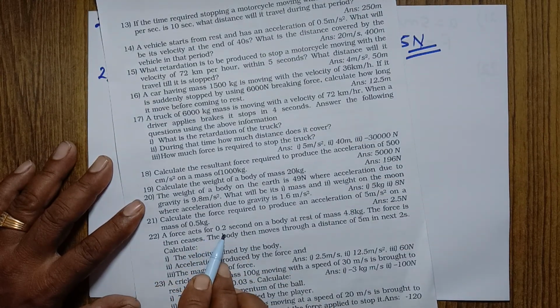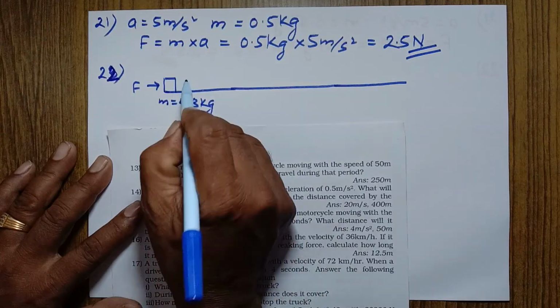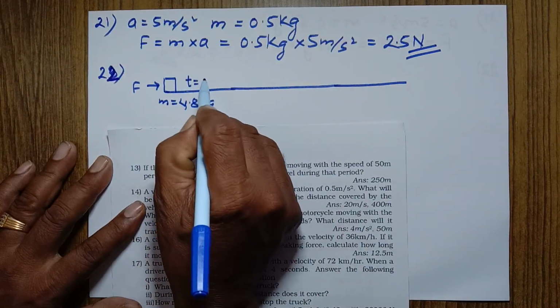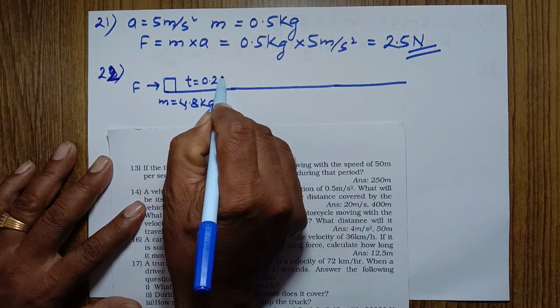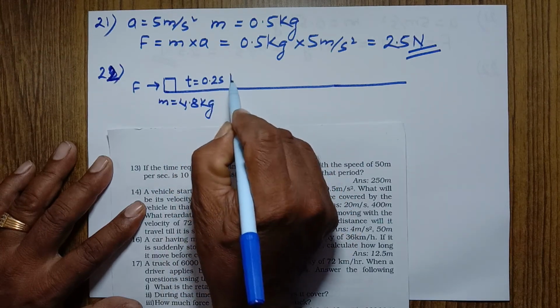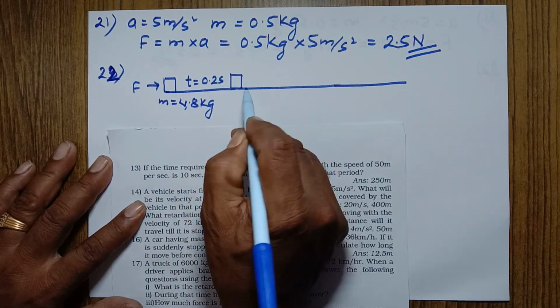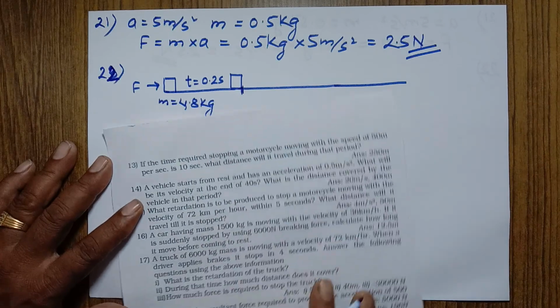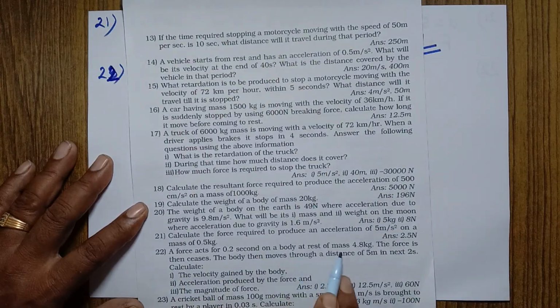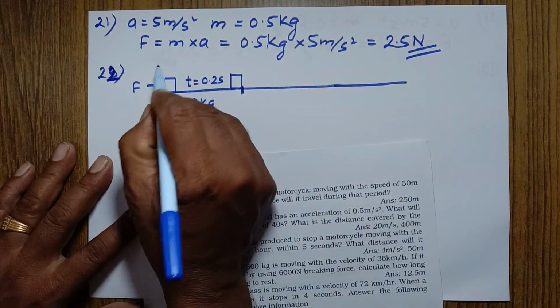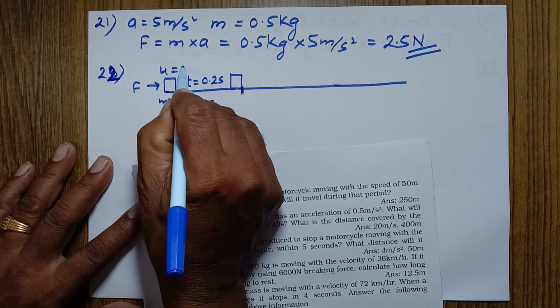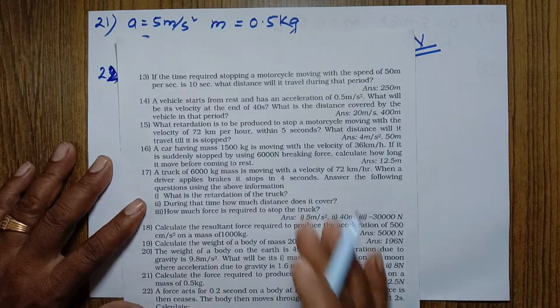The force acts up to 0.2 second. Force is acting on the body up to 0.2 second, and let's say after 0.2 second the body comes to this position, and the body was initially at rest. It means initial velocity is 0.